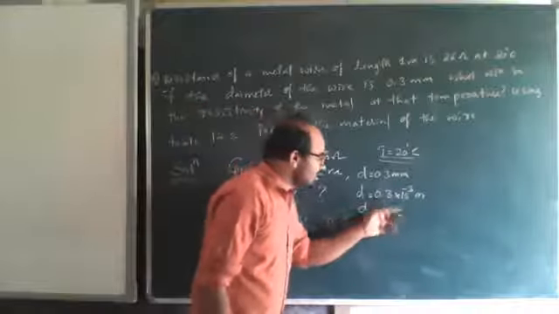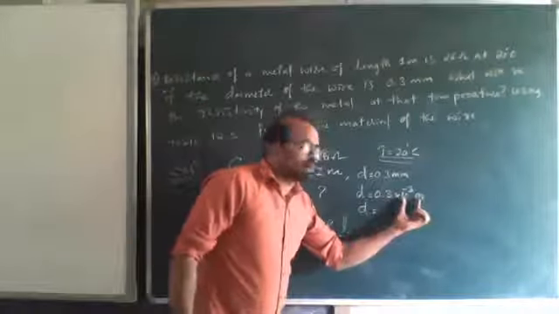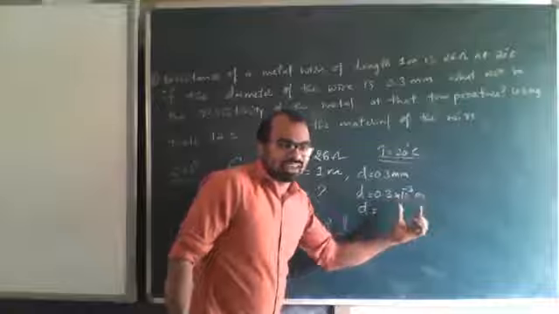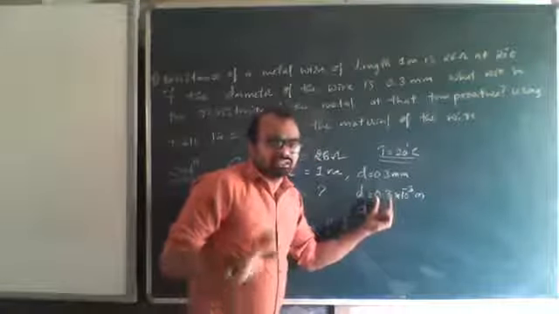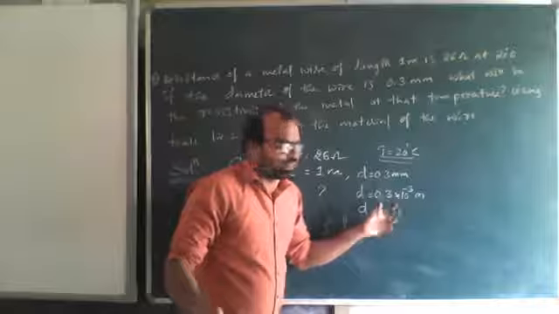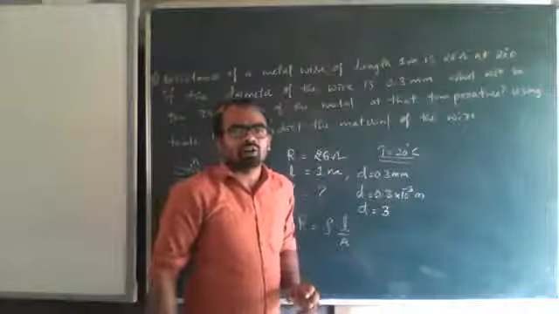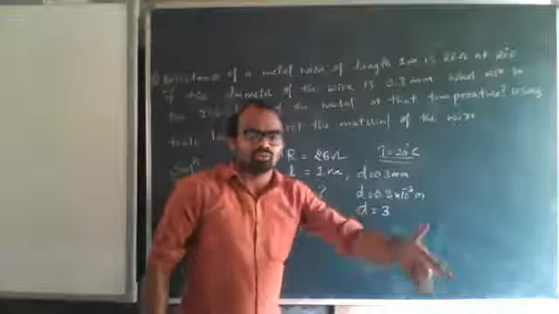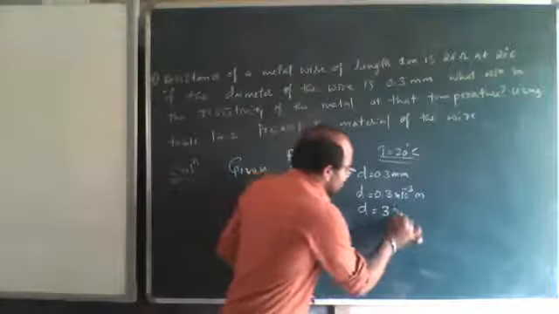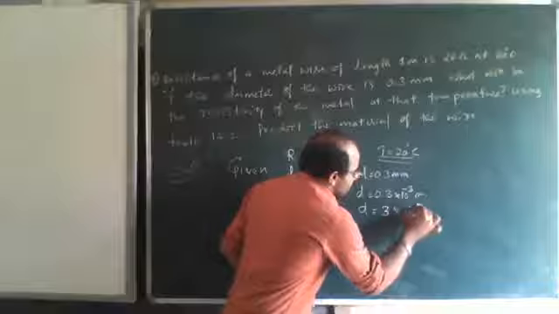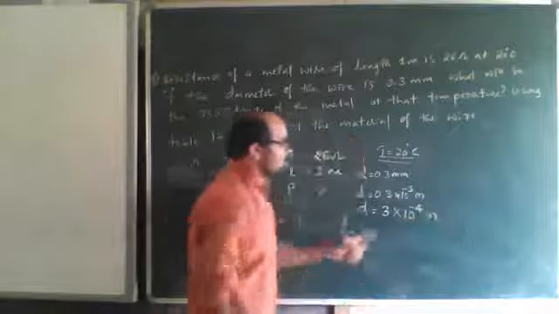I am increasing this value, so to balance, I have to decrease the power. 0.3 is less compared to 3, so I am making 0.3 as 3. Minus 4. Don't get confused.